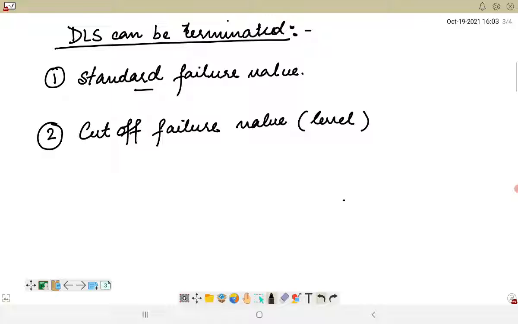So these are the two standard conditions under which the depth limited search can be terminated, and we have to understand that these two conditions need to be checked on a regular basis, at each iteration possible, so that we keep a check on the standard failure value and also the cutoff failure value.